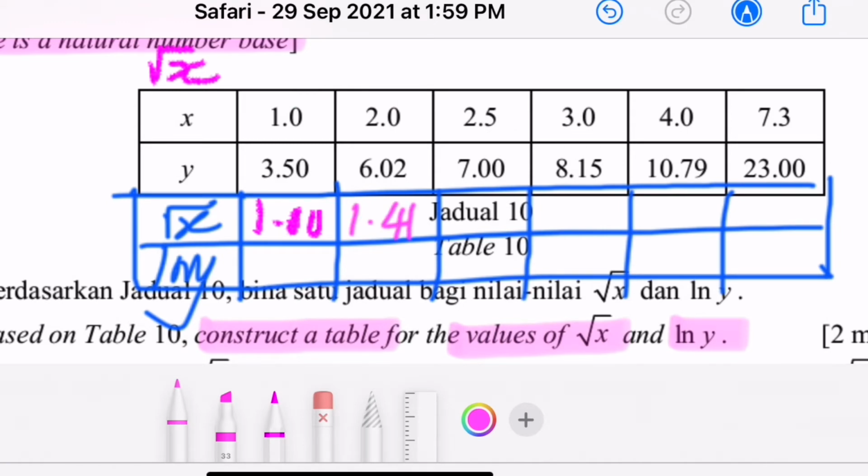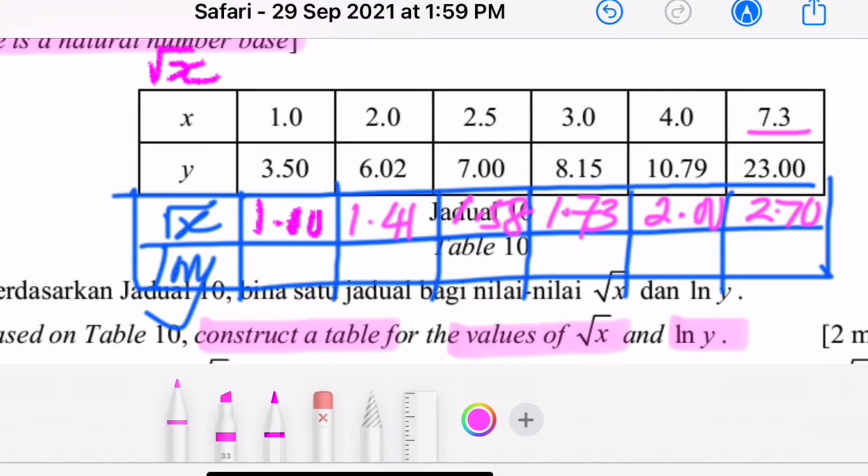For this you have to use 2 decimal places. Square root 2.5, if you press, you get 1.58, right? Square root 3.0, you get 1.73. Square root 4, of course, is 2.00. And square root 7.3, you will get 2.70.